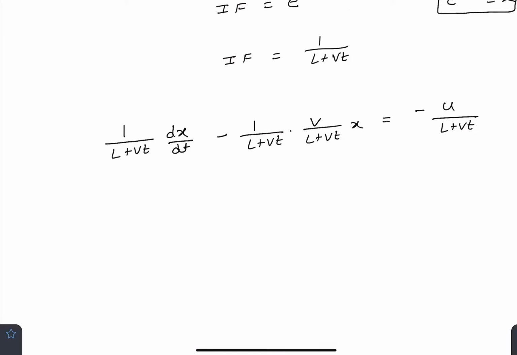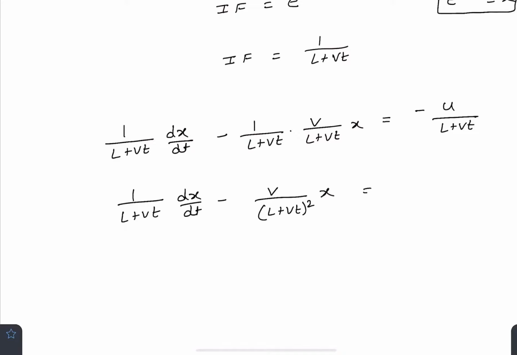So this is 1 upon L plus Vt dx by dt minus v upon L plus Vt whole square x is minus u upon L plus Vt.